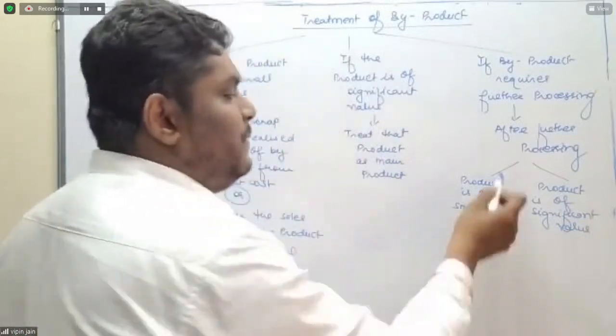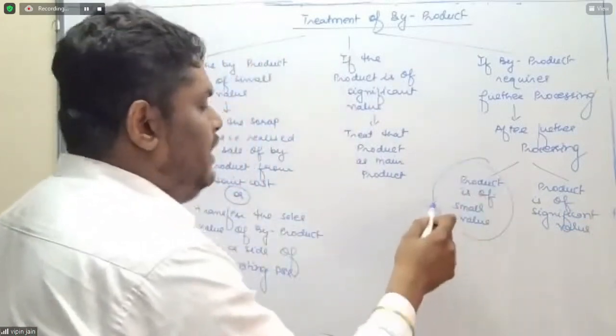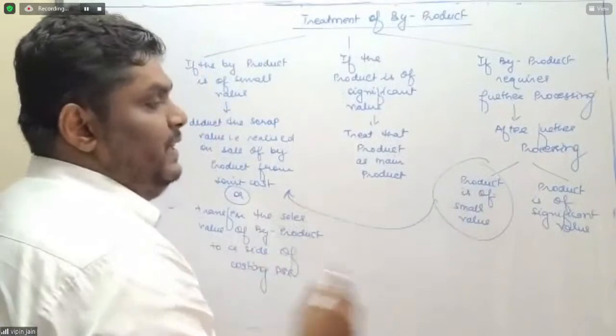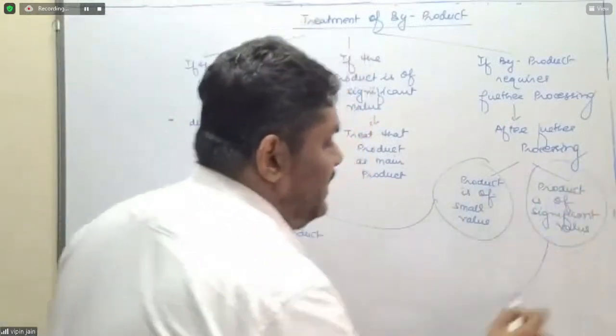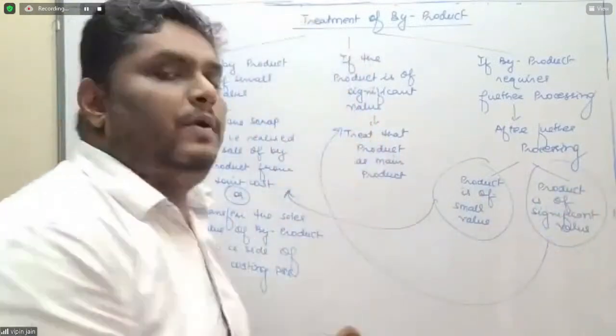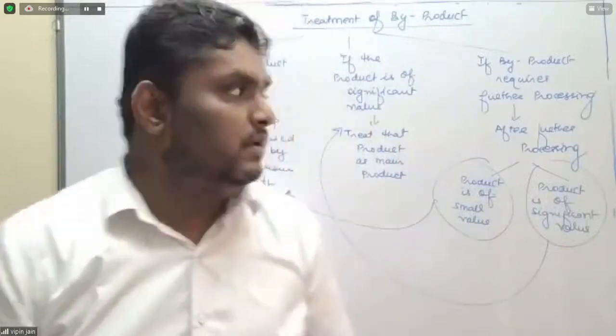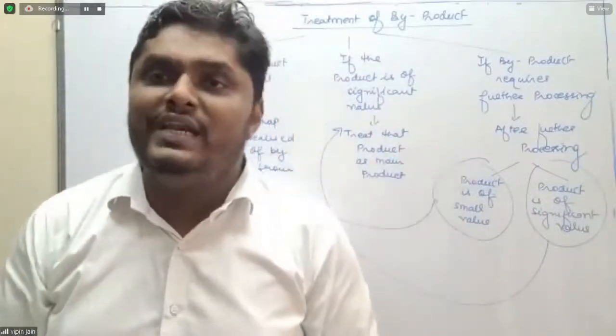So after further processing, if the product is of smaller value, we'll follow this treatment. If the product is of significant value, then it will no longer be a byproduct, it will be the main product. So this is all about treatment of byproduct.